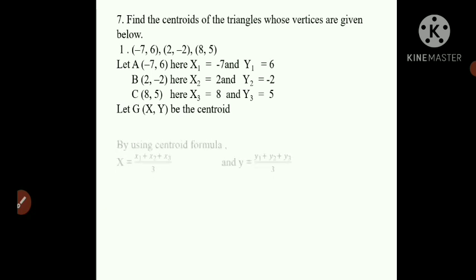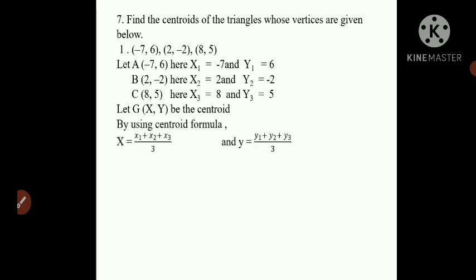So by using the centroid formula, the formula is x is equal to (x1 plus x2 plus x3) upon 3, and y is equal to (y1 plus y2 plus y3) upon 3. So x is equal to, x1 is -7 plus x2 is 2, plus x3 is 8 upon 3. And for y, y1 is 6 plus y2 is -2, so plus minus is minus, and y3 is 5 upon 3.